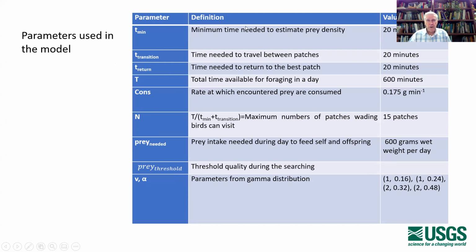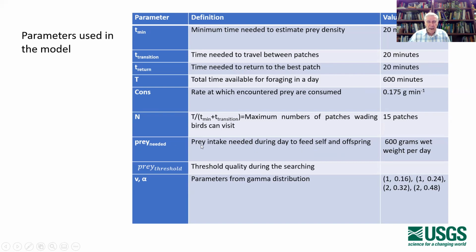We're just assuming that the time needed to estimate prey density is 20 minutes, the time to travel between patches is 20 minutes, time available is 600 minutes, and probably the rate at which prey is encountered or consumed, that's probably been estimated. We assume that they can only at most get to 15 patches.